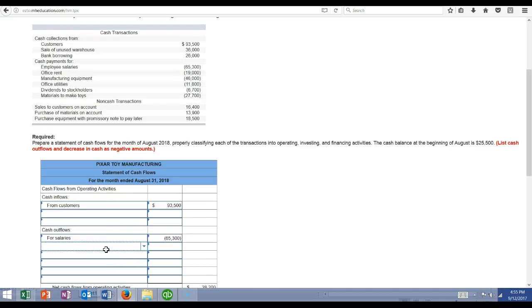Then we have office rent, minus $19,000.